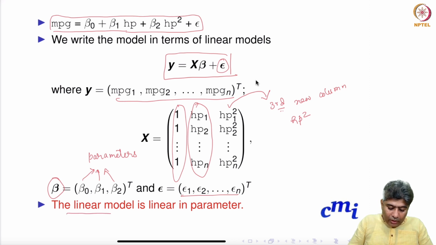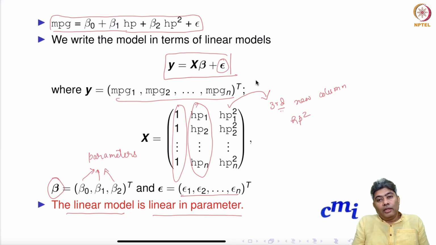So the linear model is actually linear in parameters. When we call it a linear model, it is not necessarily linear in the predictor or linear in the variable. By saying linear model, we mean it is linear in parameters.